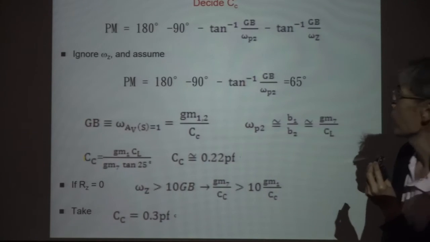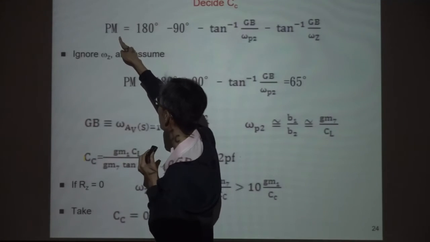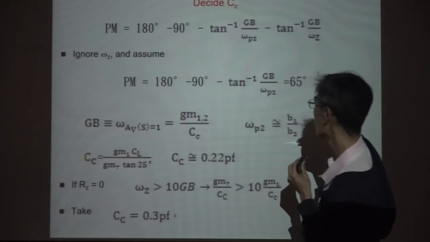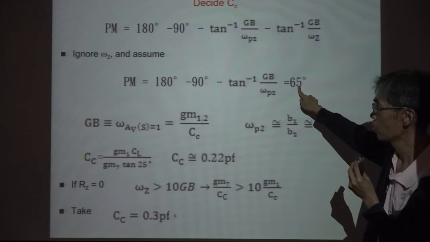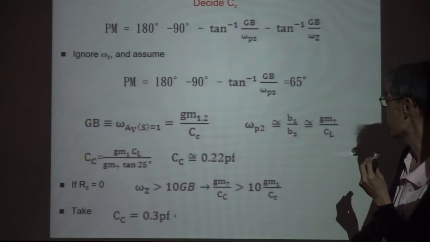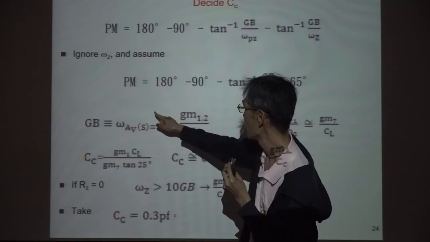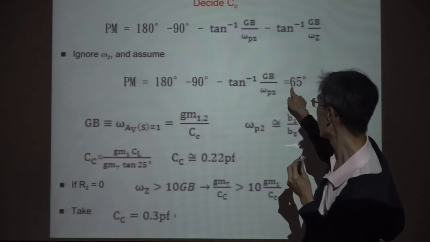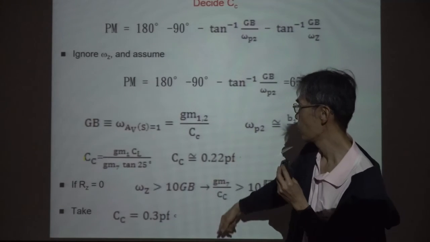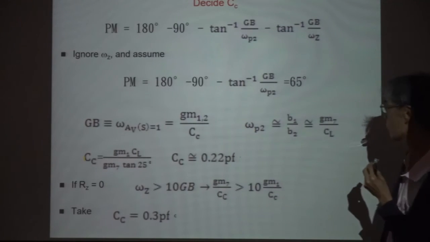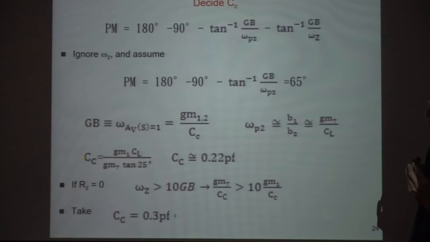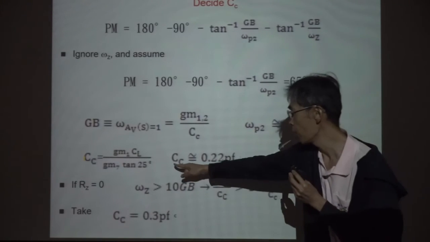Then, based on the phase margin requirement of 65 degrees, we need to decide the CC value. Using this equation, 65. And the CC value is this.